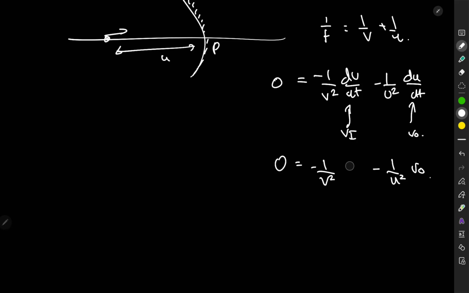Now let's put it here itself, okay. So velocity of image by v square is equal to velocity of object by u square, with a minus sign. Fine.